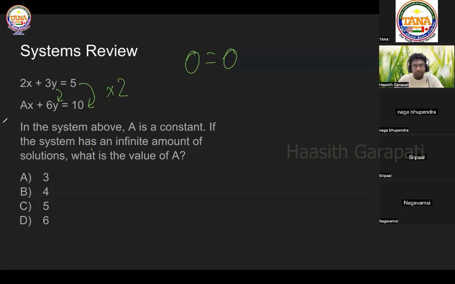So if we wanted this to be an always true statement, then we have to make it so that A is also proportionally larger than its corresponding coefficient. So this 2 corresponds to A. We have to do 2 times 2, and therefore A needs to be 4 in order for there to be an infinite amount of solutions.